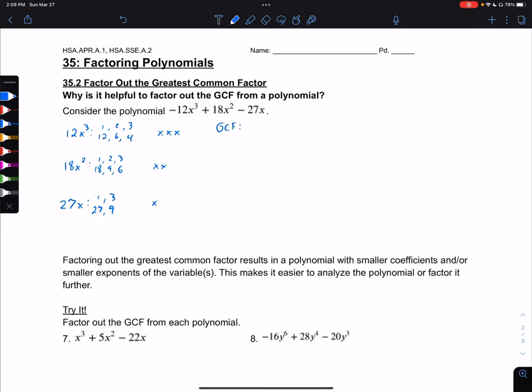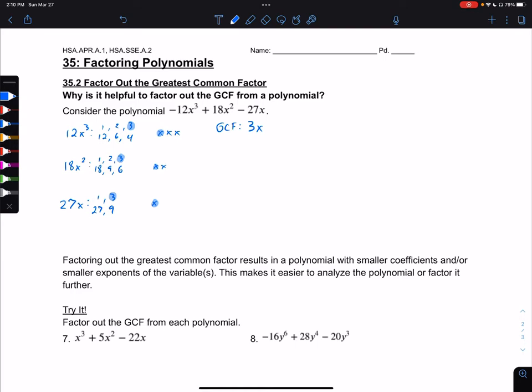The numbers that they have in common, the greatest common factor would be a 3. 4, 6, and 12 are not in the other one, so greatest common factor would be a 3. And then I only have one x that I can take away from each one because the lowest degree would be x. So we have a GCF of 3x.